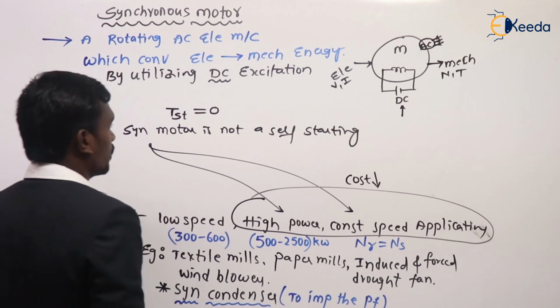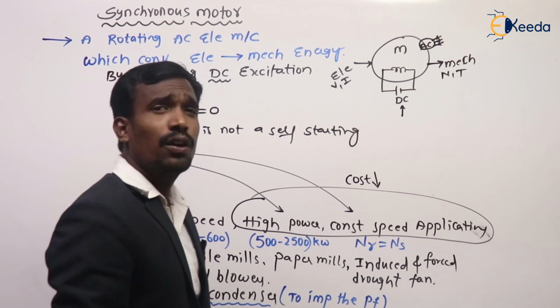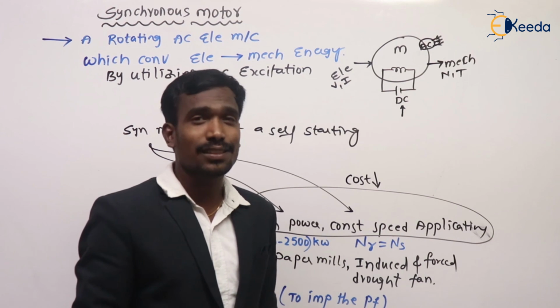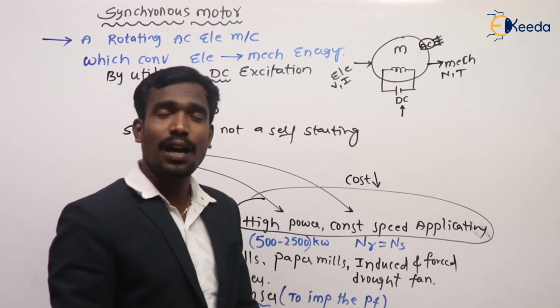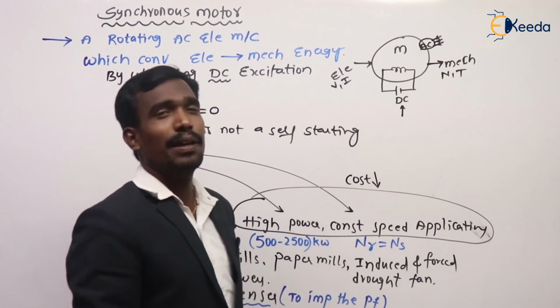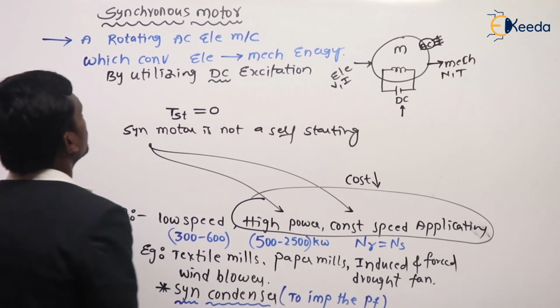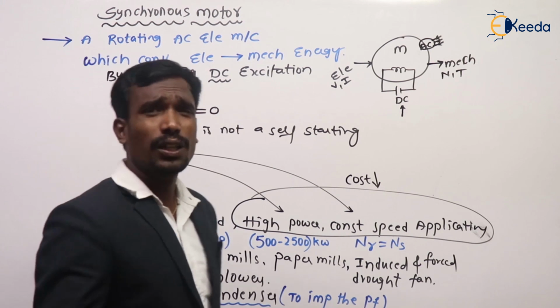That's why, even though the starting torque is 0, we use synchronous motors in industry for constant speed, high power applications compared to induction motors. Simply, this is the synchronous motor overview.